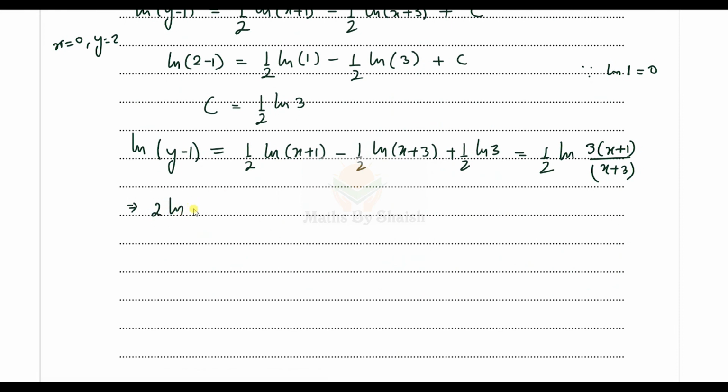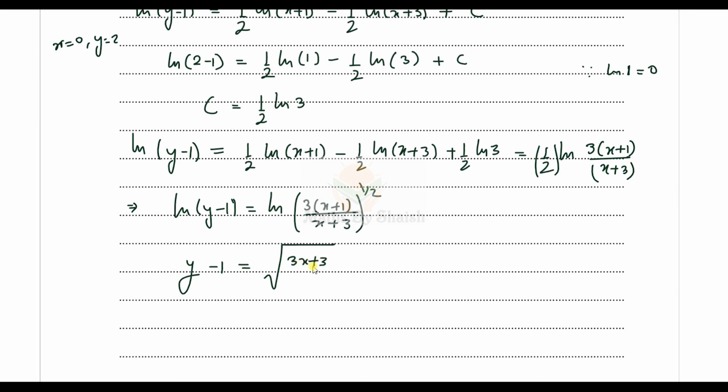It is ln of (y minus 1), and since it is a multiplication with 1 over 2, it will go in the power and it will become 3 times (x plus 1) over (x plus 3), whole to the power 1 by 2. Hence y minus 1 will be square root of (3x plus 3) over (x plus 3), or we can say y in terms of x is 1 plus square root of (3x plus 3) over (x plus 3). So this is the last answer.